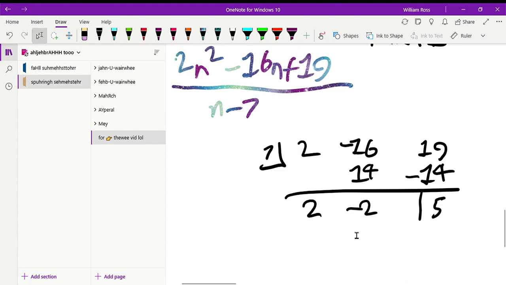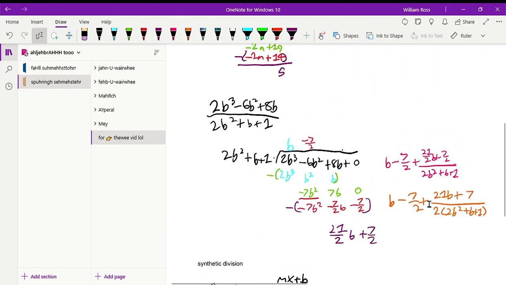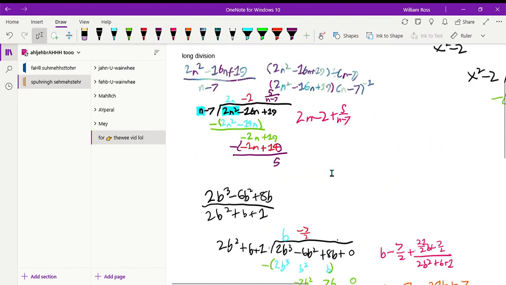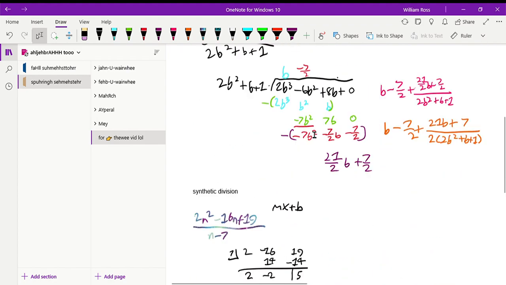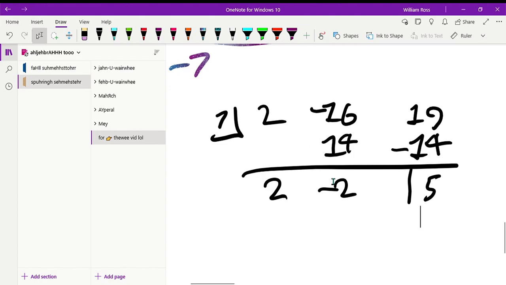And what you're going to do next, so first off, this is the remainder, just like what we got here. And as you notice, it kind of goes from right to left.